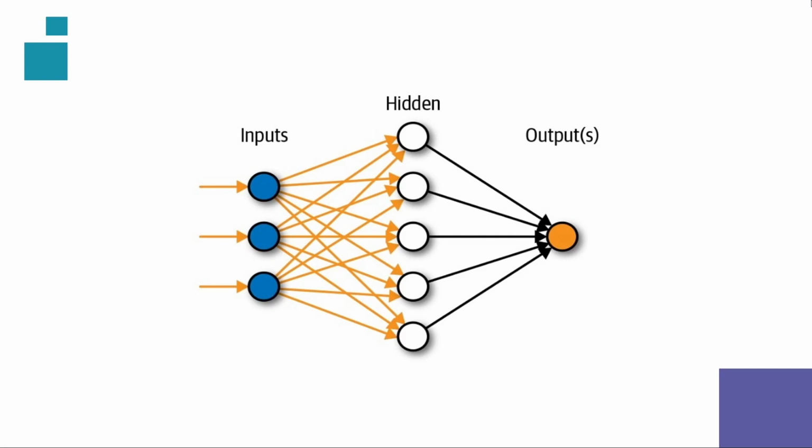Neural networks learn patterns and relationships in the data. In code, we'll be using the Keras library, a high-level neural network API, which provides a user-friendly interface for building and training neural network models.